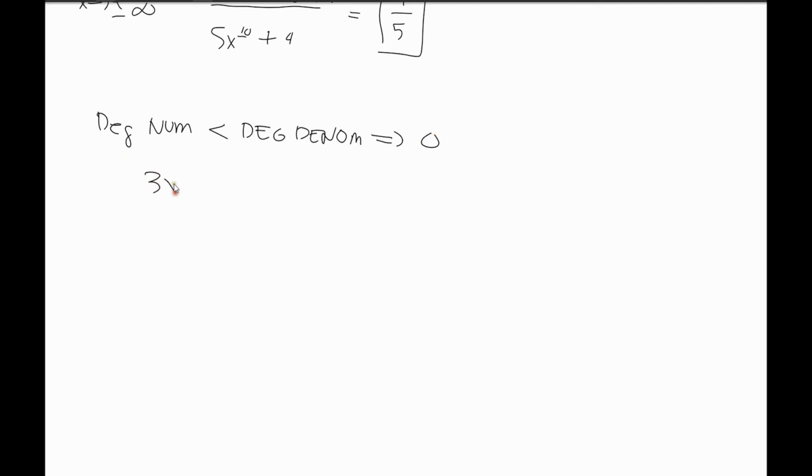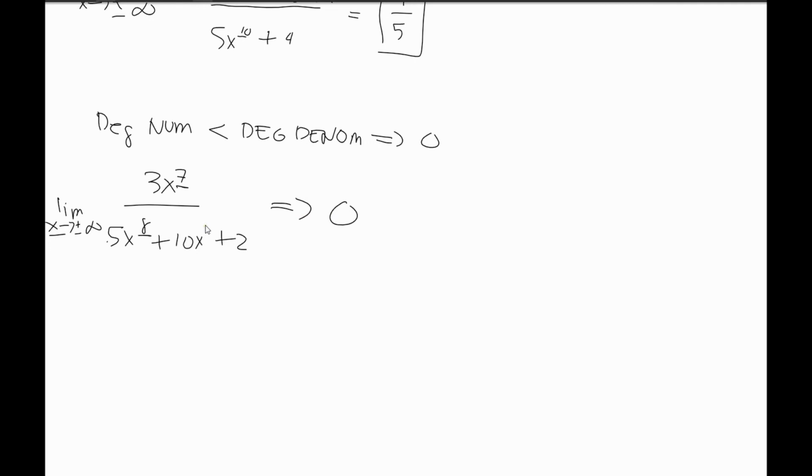If we have 3x to the 7 all over 5x to the 8 plus 10x plus 2, we can see here that the denominator has a greater degree than the numerator, then we can conclude that this one has a value of 0 as limit as x approaches positive or negative infinity. Whichever the case is, the answer will always be 0.